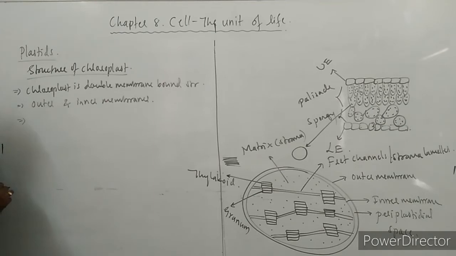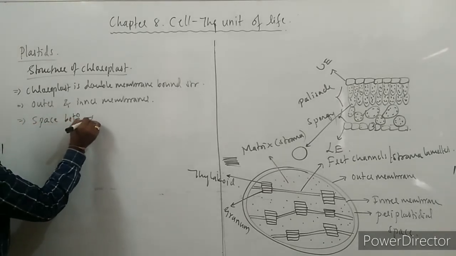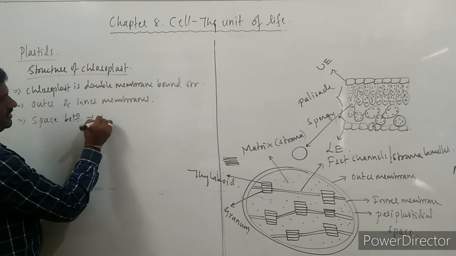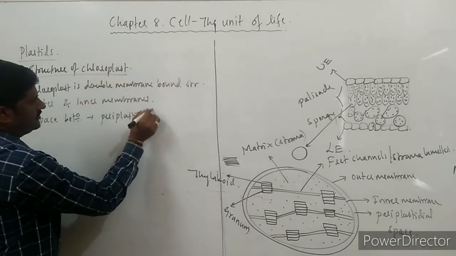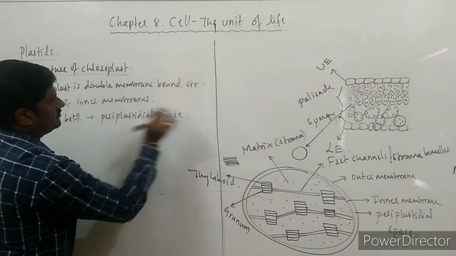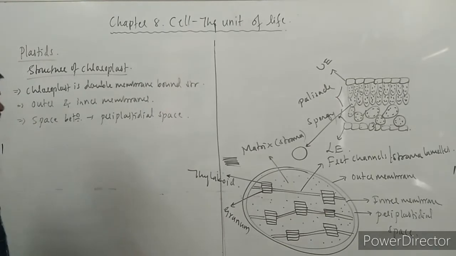In between these two there is a space. There is a space between these two membranes. That is called the periplastidial space.